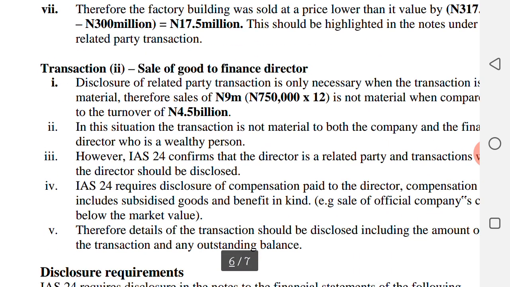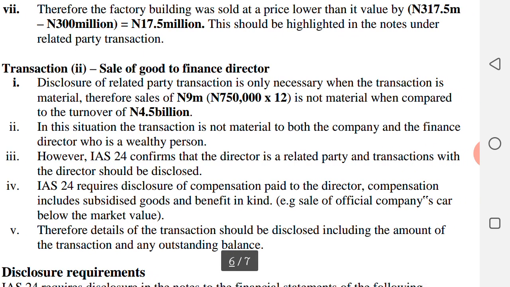The other part is transactions, sales of goods to the finance director. In this particular scenario, the director sold goods to his son, and the goods are worth 750,000 every month.